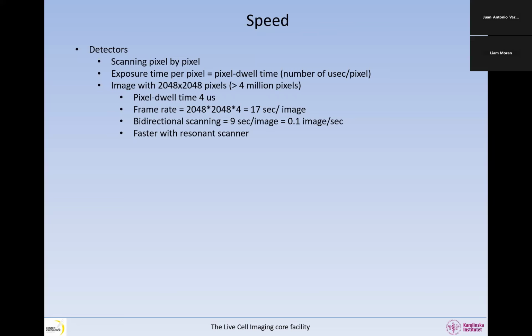So the alignment is a lot more stable and reliable if you go unidirectional. But when you want to go fast, it's fantastic to have the bidirectional scanning. And for example, if you want to take an overview of the image, it's excellent to do that. So then we can go down maybe to a 0.1 image per second.